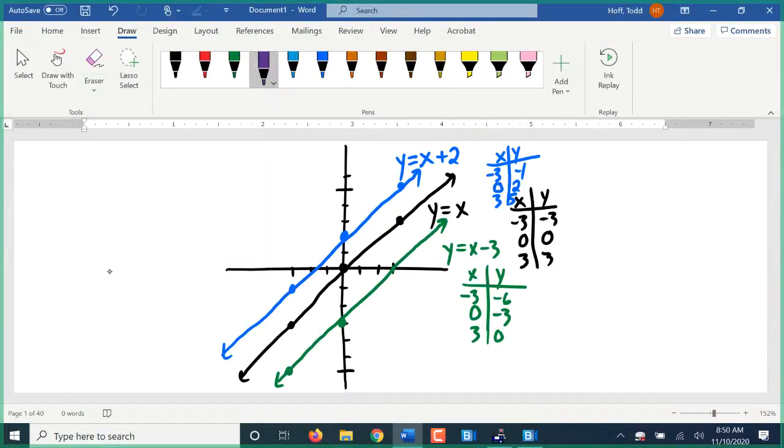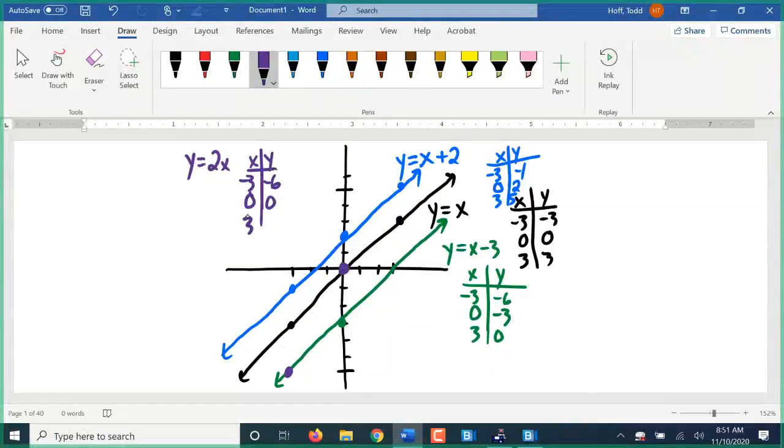What if I try y equals 2x? Well, if x is -3, 2 times -3 is -6. That's a point right here. If x is 0, 2 times 0 is still 0. That's at the origin, 0, 0.